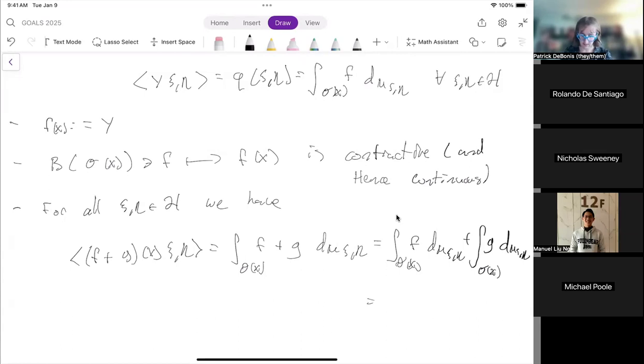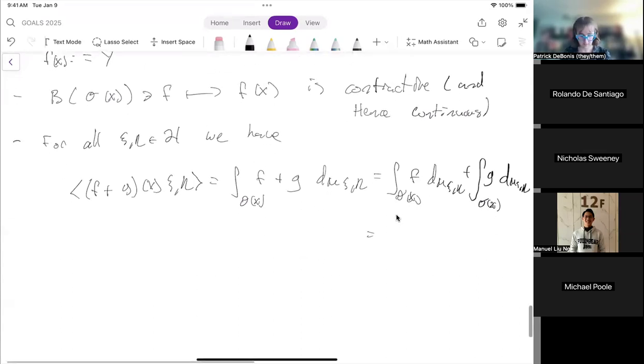And that is just the inner product against each of these. So this shows us that the addition structure on the operator side is going through.